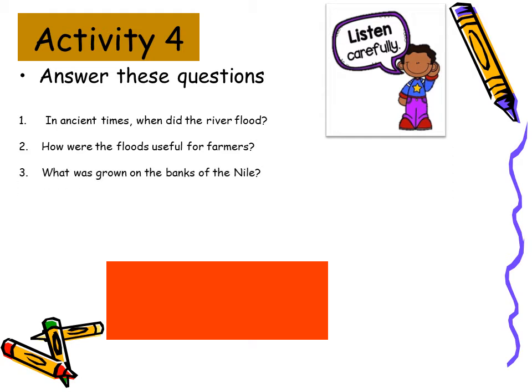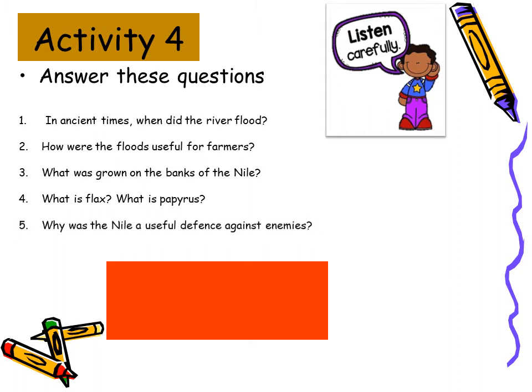How were the floods useful for farmers? What was grown on the banks of the Nile? What is flax? What is papyrus? Why was the Nile a useful defense against enemies? Number 6. In what other way was the Nile useful to the ancient Egyptians?